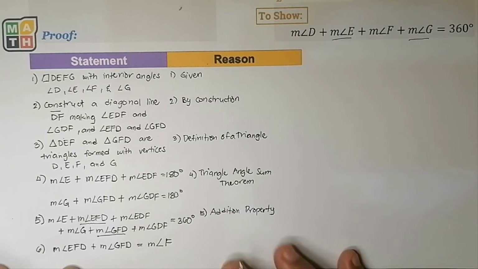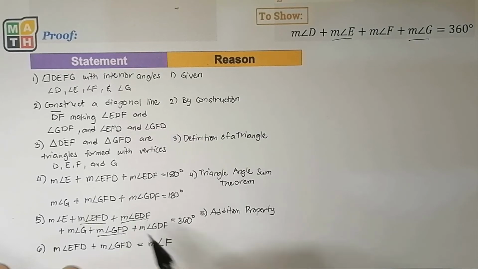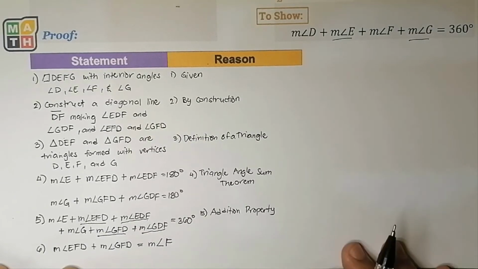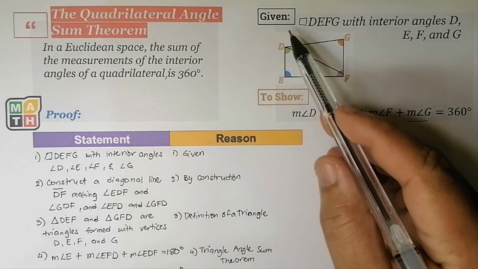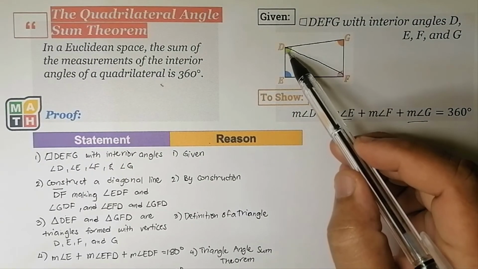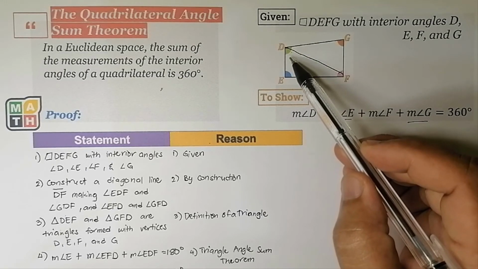This is also true to this next situation, the measurement of angle EDF and GDF. EDF is here, this lower portion of the green colored angle. For GDF, that's here.